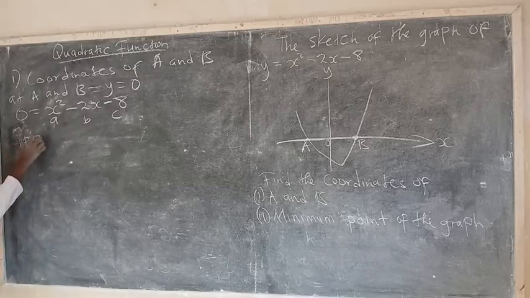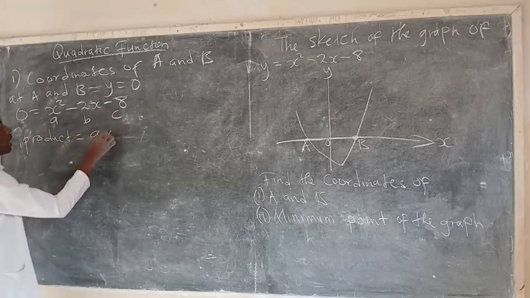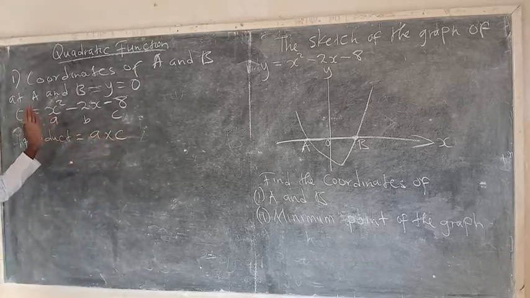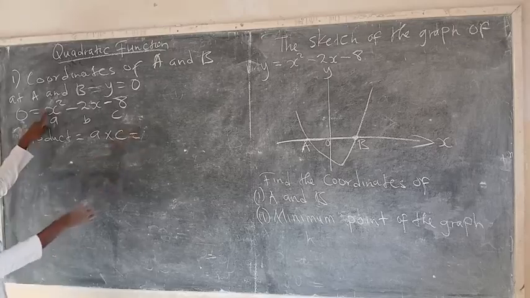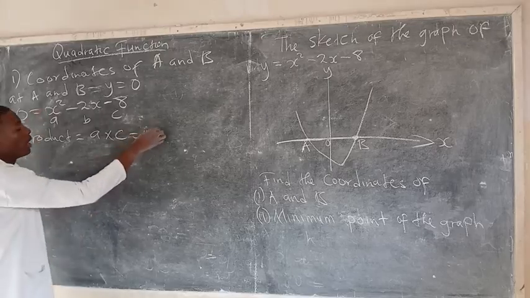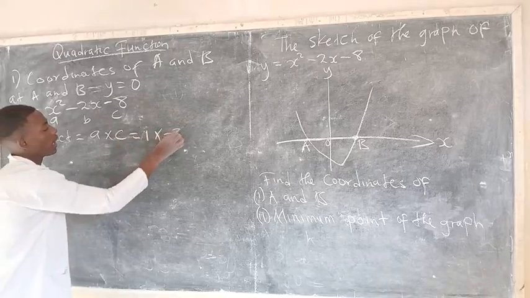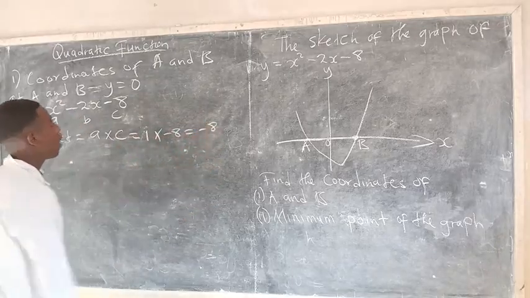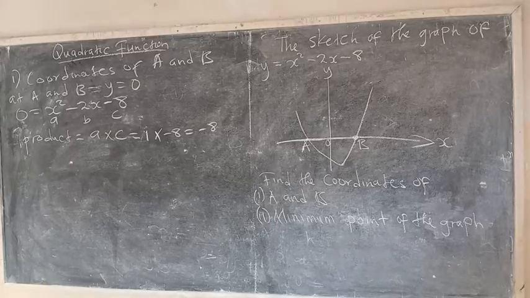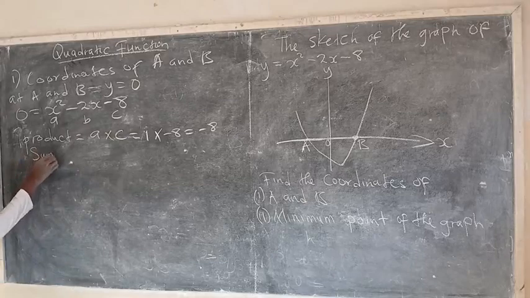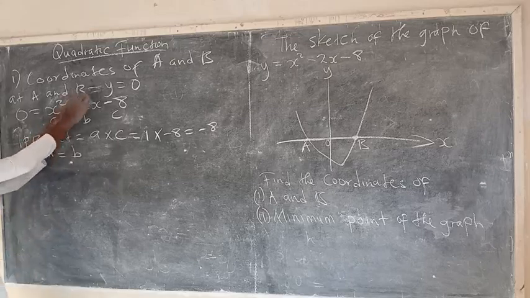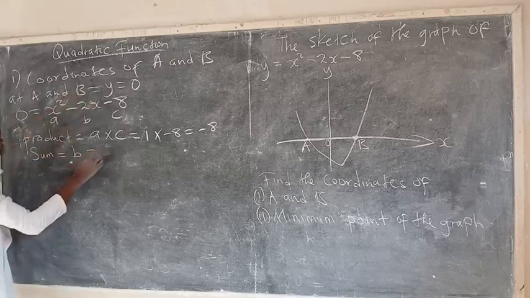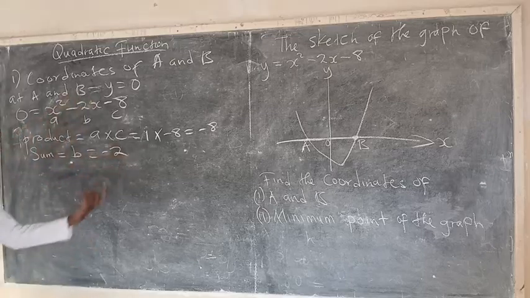So we need to find the product, which is equal to a times c, which is simply the multiplication of the coefficient of 1 and negative 8, which is equal to negative 8 itself. Then our sum should be equal to our b. Our b is this coefficient, which is equal to negative 2.